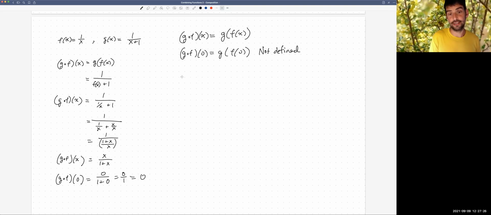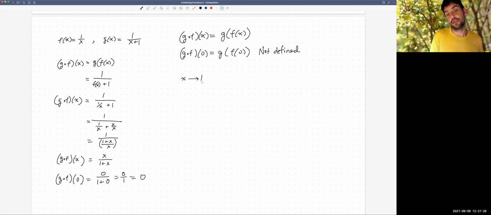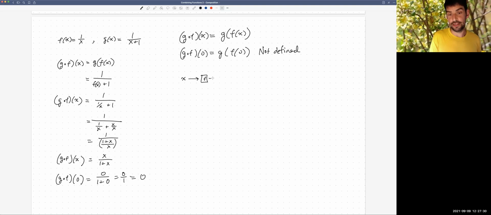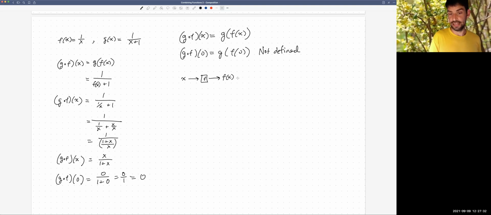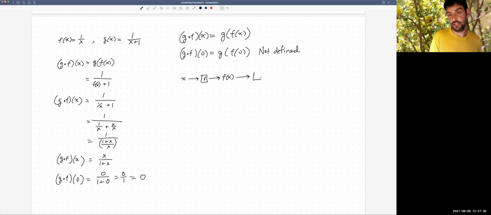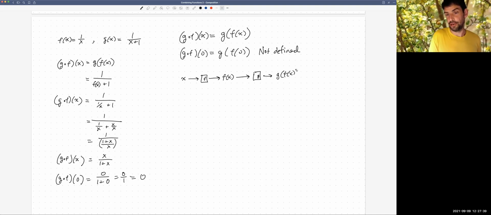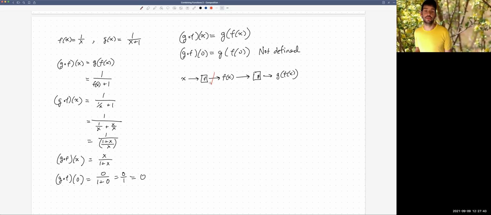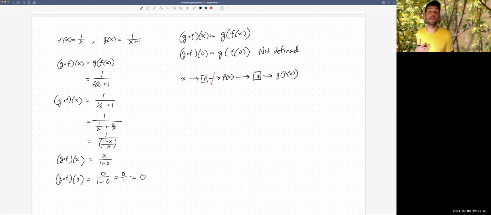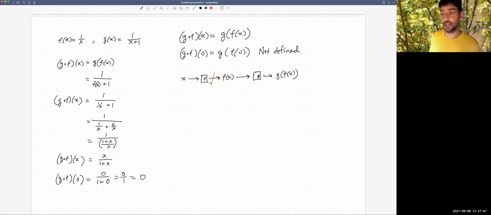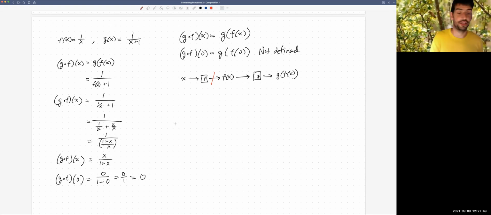If we go back to that little map, we're taking x, we're putting it into f, taking what f does, putting it into g. The problem is nothing ever comes out of f. We get broken down in the first step, right? Because f of 0 is not defined. 1 over 0 is not a defined number.